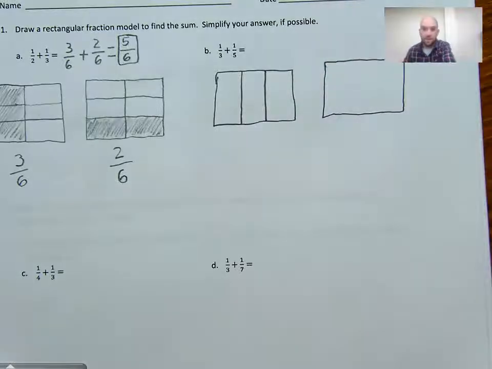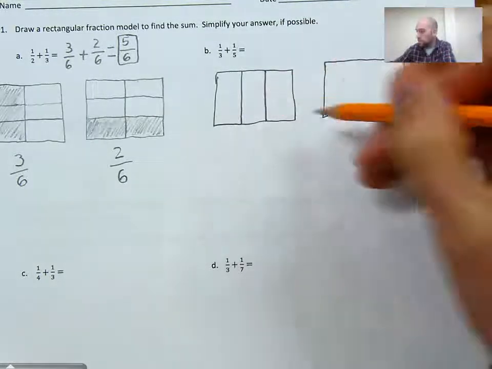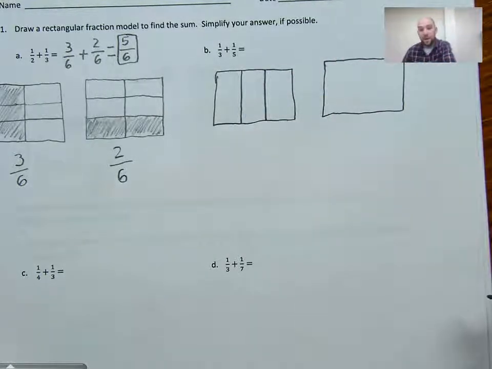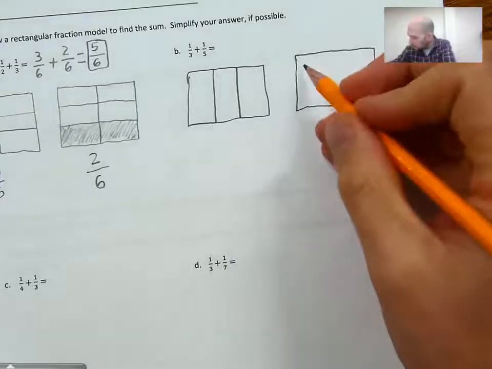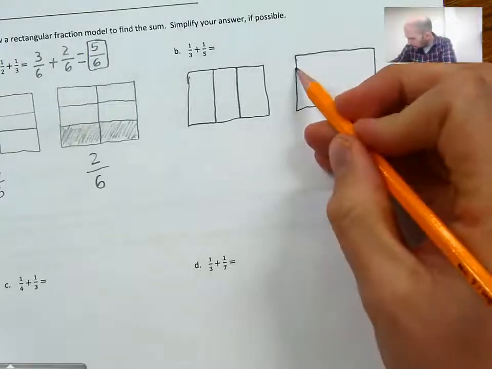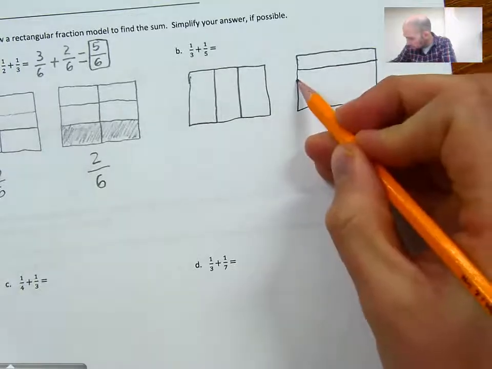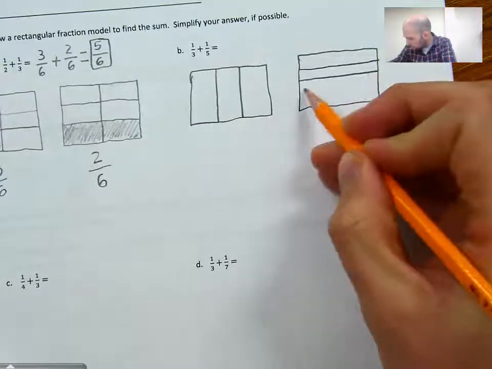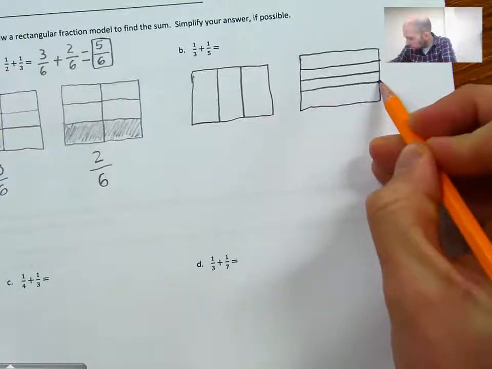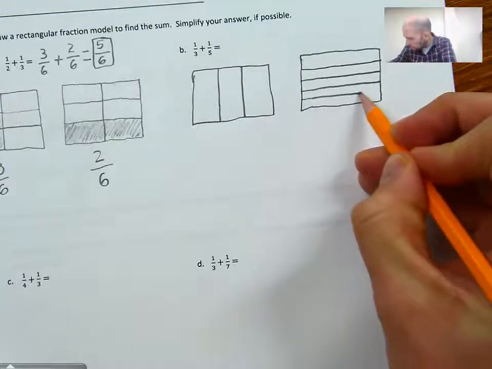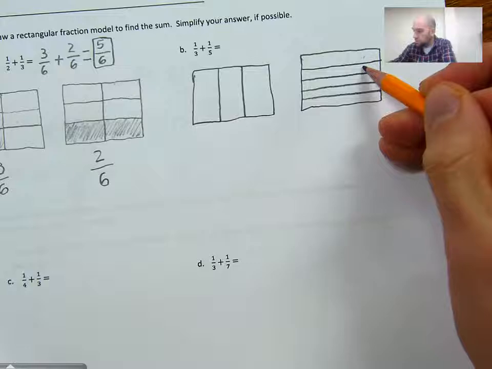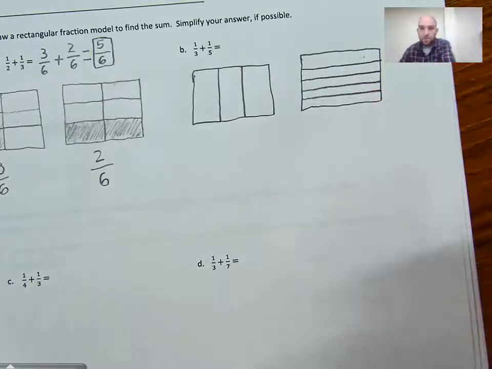Do 2 lines there to make 3 separate parts, 1, 2, 3. And this one I have to do fifths, so I have to make 4 lines, make 5 parts. 1, 2, 3, 4. Now I have 1, 2, 3, 4, 5 parts.